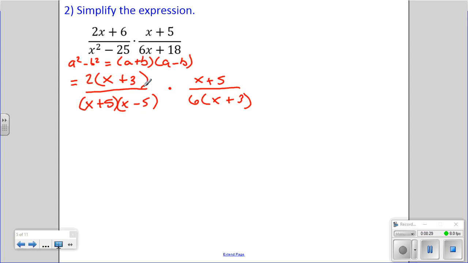So what that means is I see an x plus 3 in parentheses in the top left, but also in the bottom right. So I take the entire expression, the entire x plus 3. I see an x plus 5 in the top right, as well as in the bottom left. So again, I take the whole expression. I can't just take the x or just the 5. I have to take the whole thing. It's all or nothing.